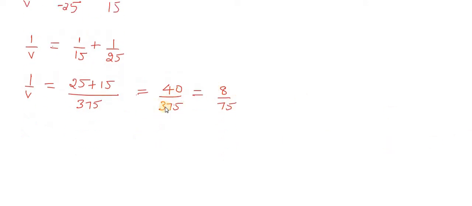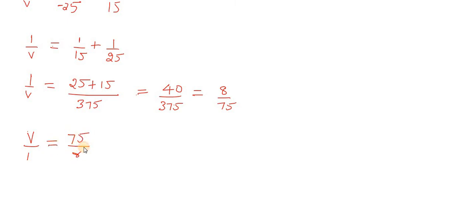Both the numbers are divisible by 5. So 1 by v is equal to 8 over 75. Therefore v is equal to 75 divided by 8.